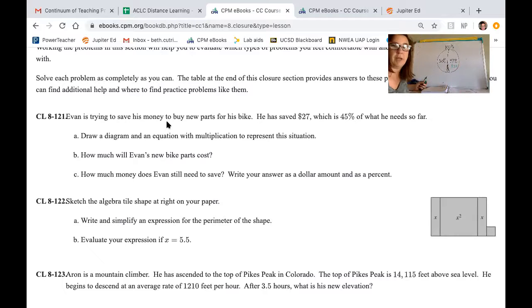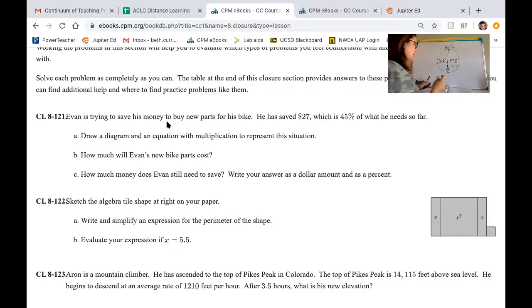So if we wanted to estimate, here's our diagram and an equation with multiplication that represents this situation. They don't tell you exactly what the equation needs to represent, but let's say it just represents how much money he has now.